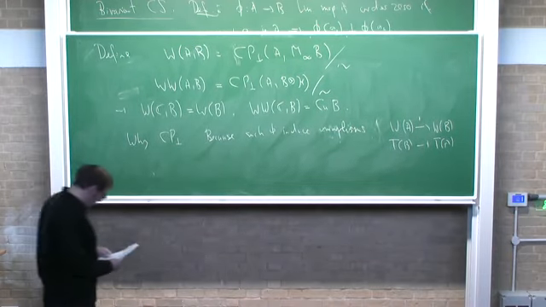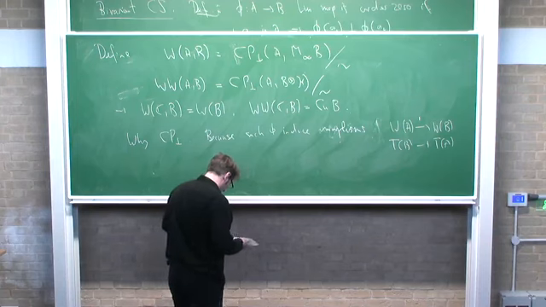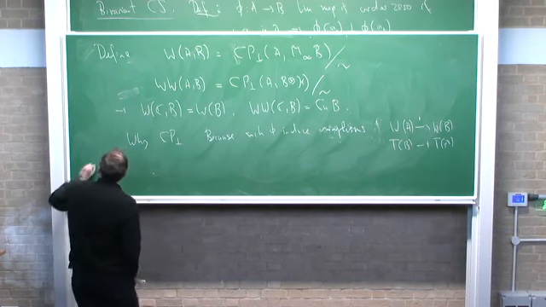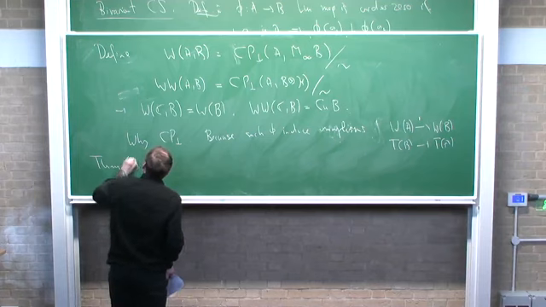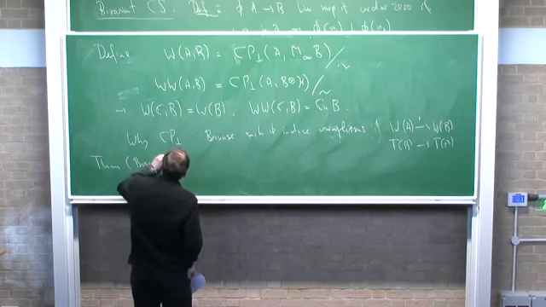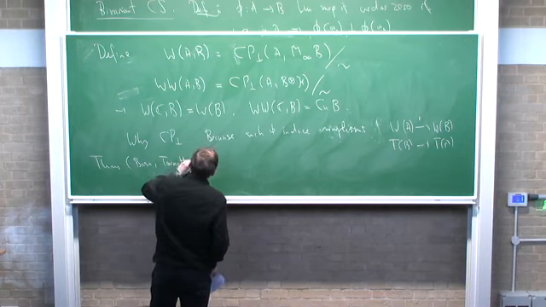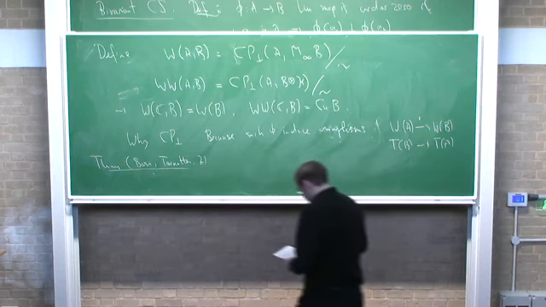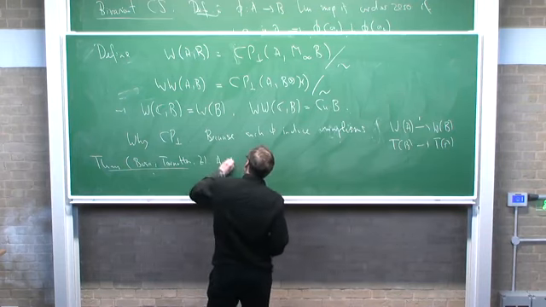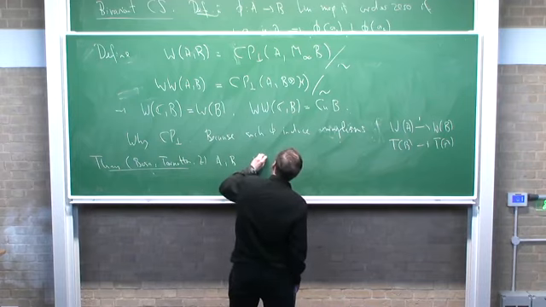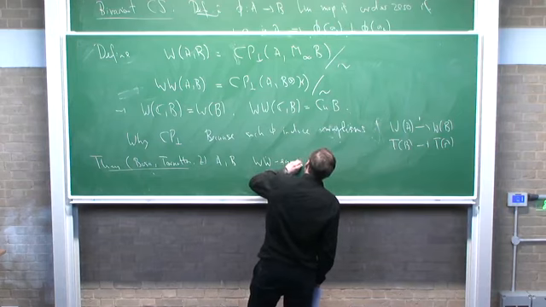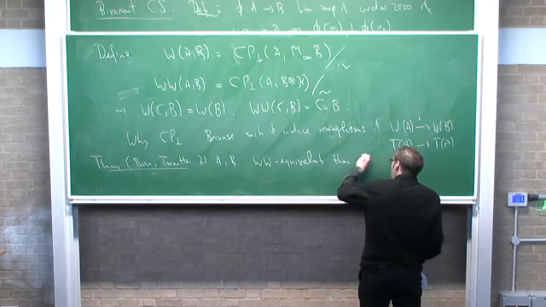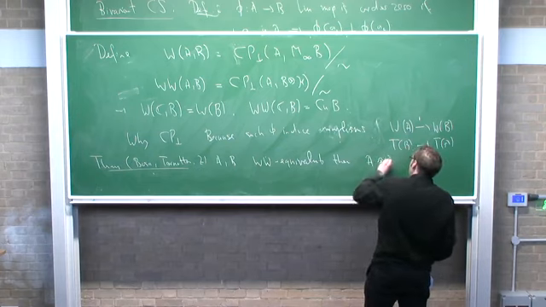And it turns out that we get a classification, in a sense, using this. Namely, we can show that if A and B are WW equivalent, then actually A and B are stable isomorphic.